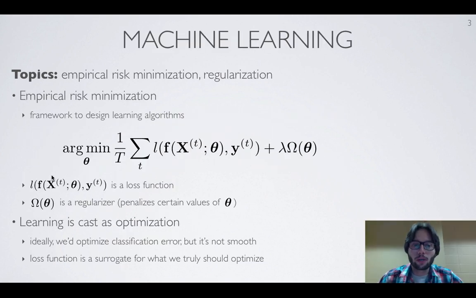So again, we'll use empirical risk minimization as our guiding principle for deriving a learning algorithm. That is, we are going to choose a loss function and to train a conditional random field on a training set, that is a set of pairs of input sequences and target sequences or label sequences.